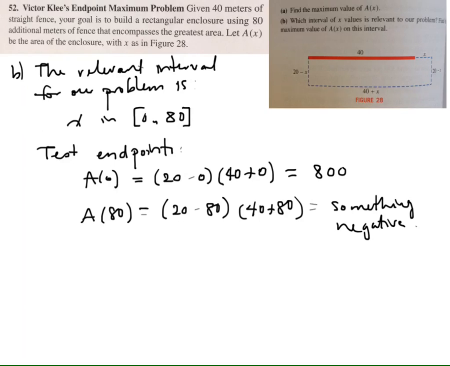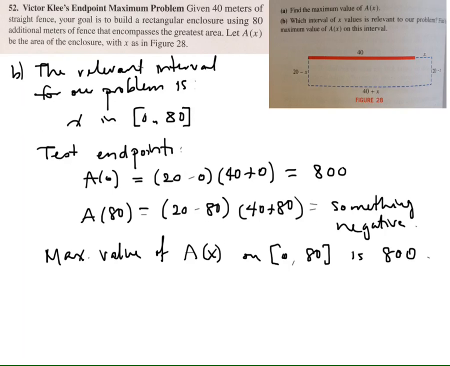But it's because we didn't actually enclose any area with our 80. So our maximum value is 800.